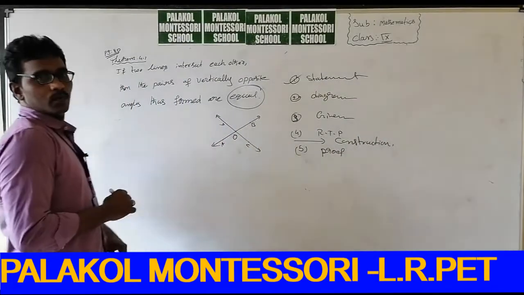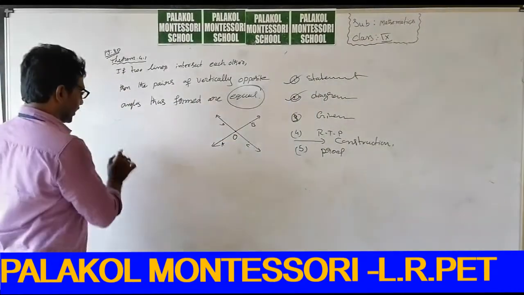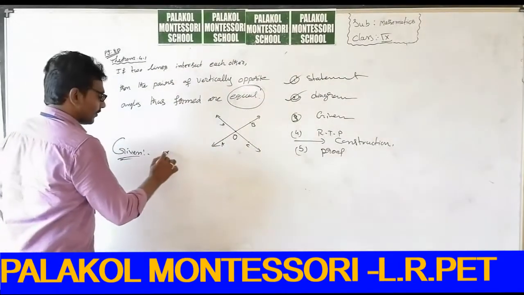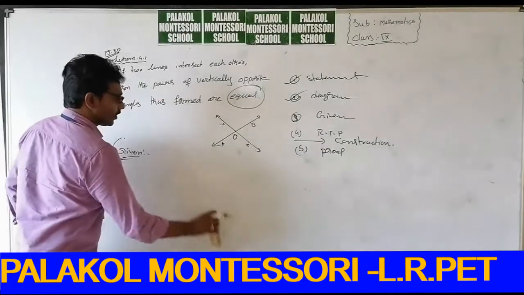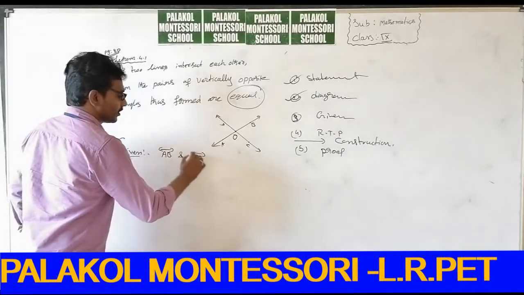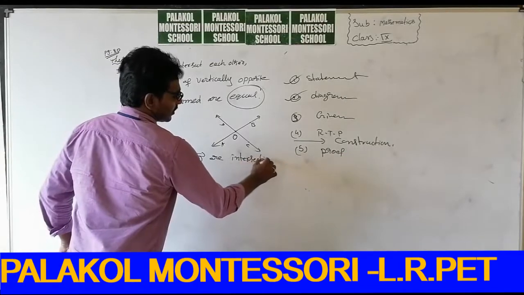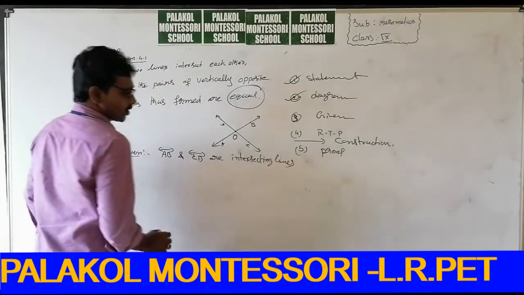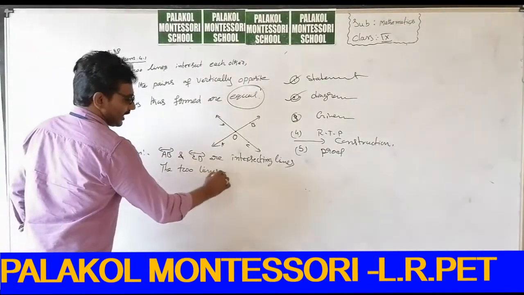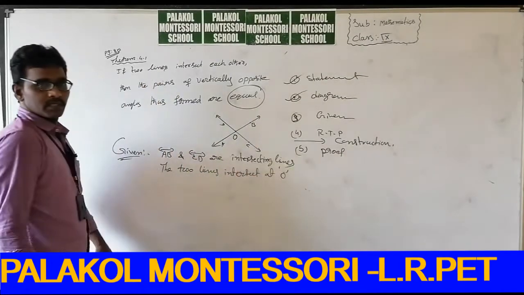That point is O. Next, you write the given. Given: line AB and line CD are intersecting lines. So the two lines intersect at O. Is it clear?